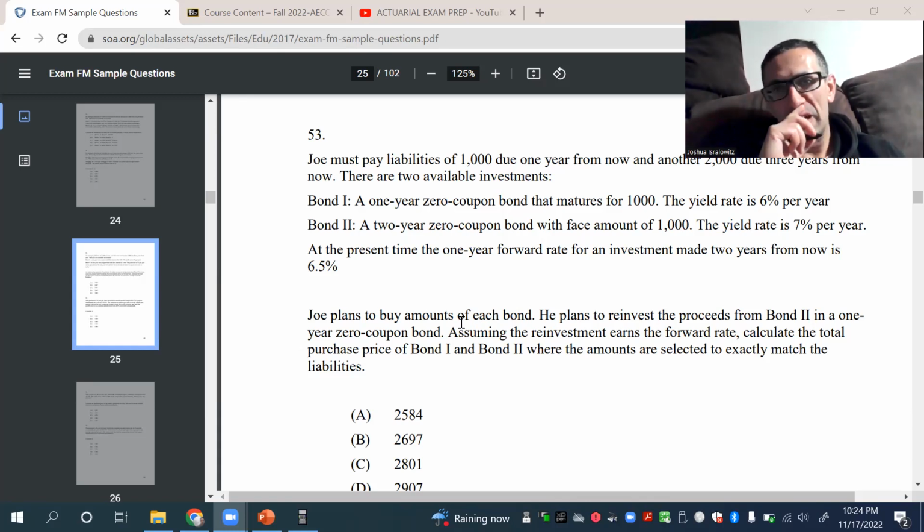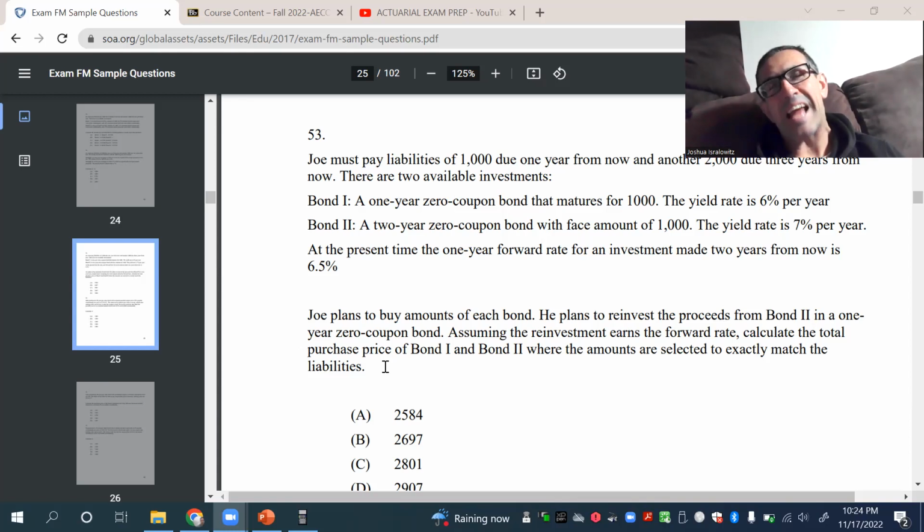The forward rate is the 1-year forward rate 2 years from now. So now would be 0, 1 year from now is 1 to 2, 2 years from now, 2 to 3.